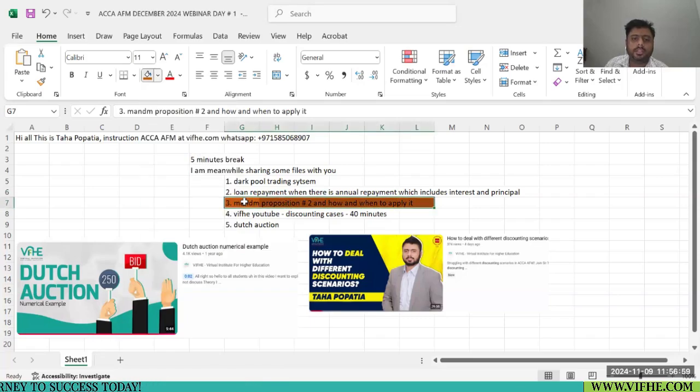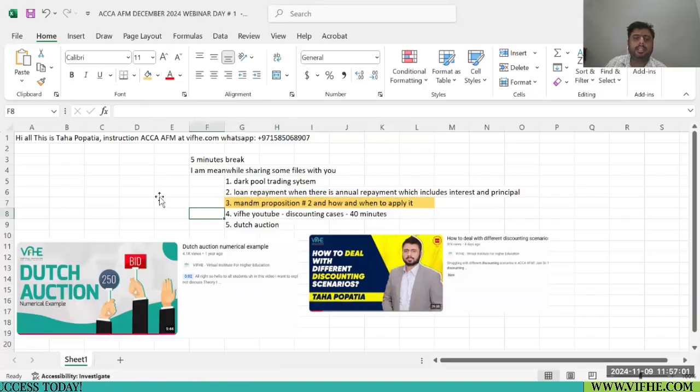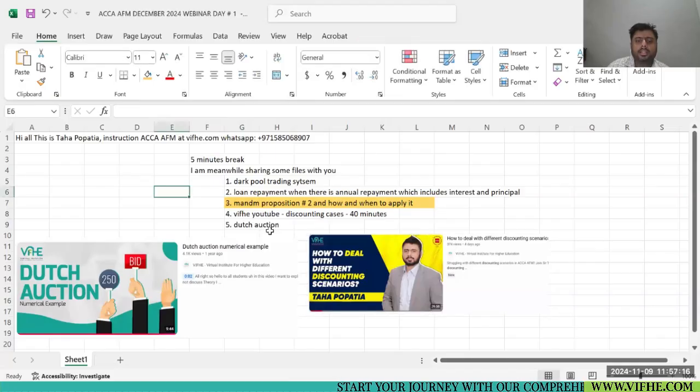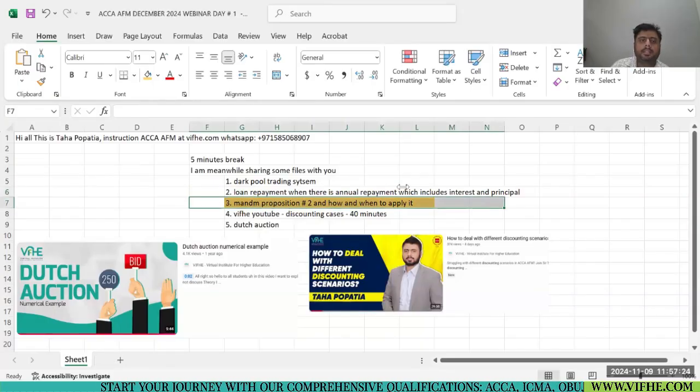And then I discussed that there is one session which says how to deal with different discounting scenarios on VIFHE's YouTube, if you are not good at discounting the things and calculating the discount factors, and then the Dutch auction. For M&M application or proposition number 2, Triple Time Company is a question which tested this.